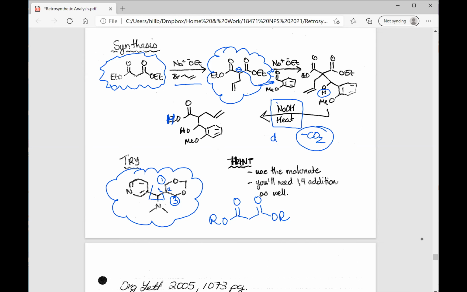So if you've got, say, R1, R2, this could be a functional group interconversion. You could reduce these to alcohols, and then further functional group interconversion, basically cap it off. There's some neat stuff to do with this.